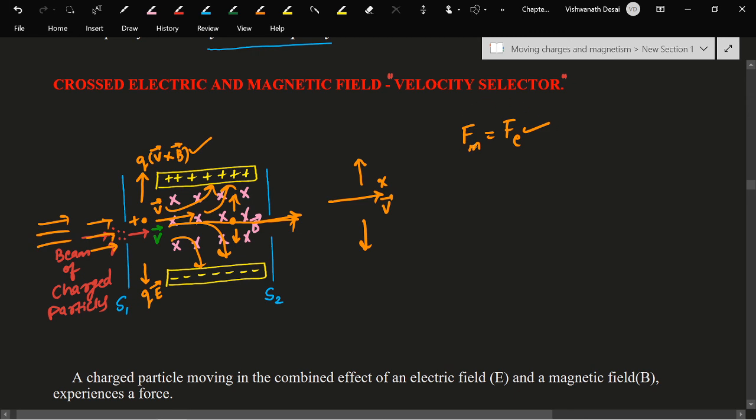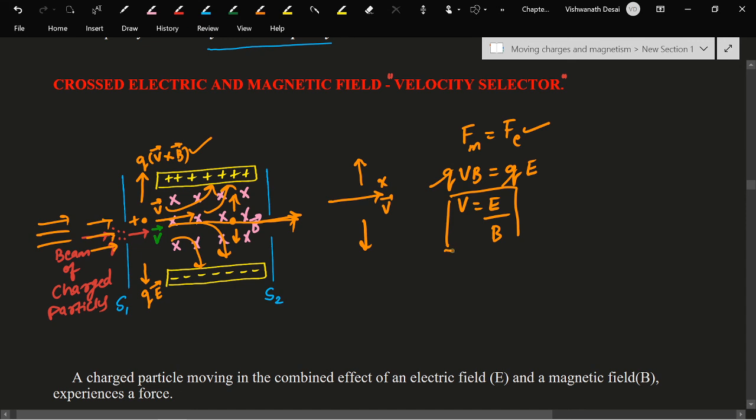What is the magnetic force formula? That is qvB. And the electric force formula is qE, right? Then we can cancel the similar terms q and q, and you are left with v equal to E divided by B.